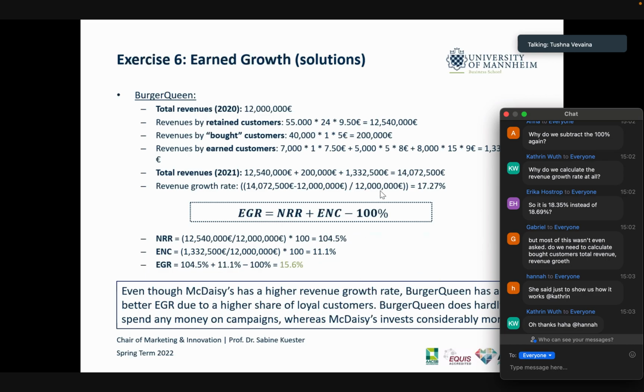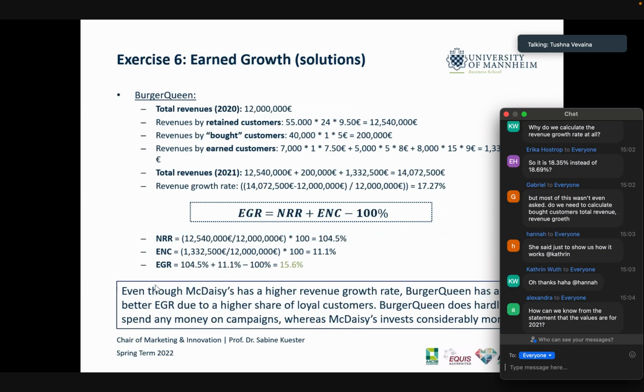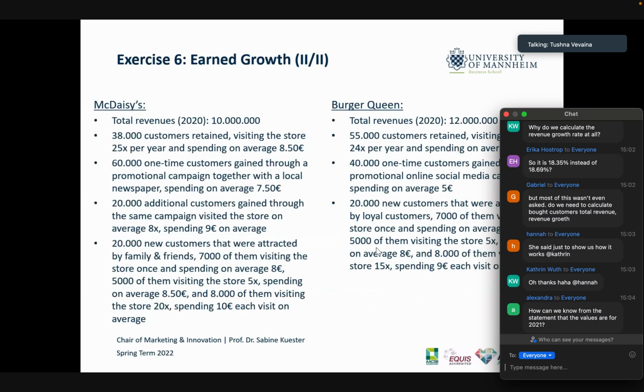So that's why we calculate revenue growth rate and EGR, to compare and come out with a recommendation, where we say that even though MacDaisy has a higher revenue growth rate, Burger Queen has a far better EGR because of the share of loyal customers. Burger Queen does not spend money on campaigns, whereas MacDaisy invests considerably more, which you get from your bought customers versus your earned customers.